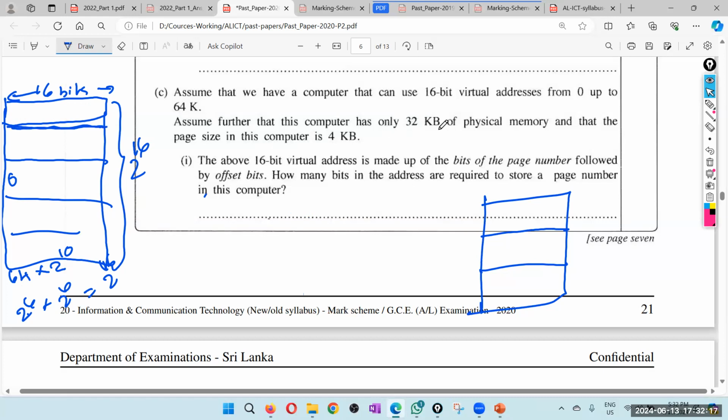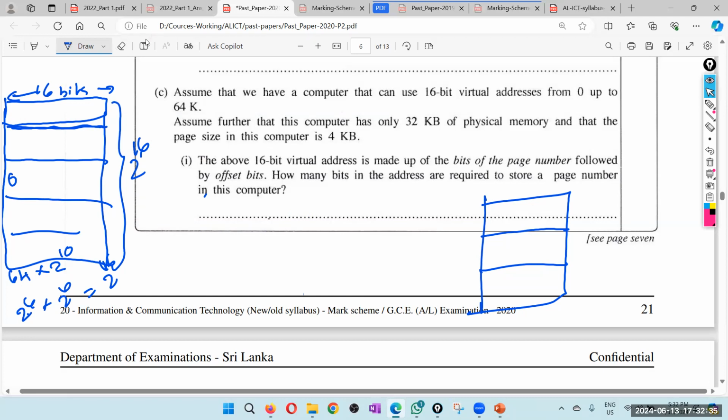It has 32 kilobyte physical memory, and that the page size, right? Remember here we have the pages, here we have the frames. Of course, the page size and frame size are the same. So therefore, page size or the frame size is 4 kilobyte.